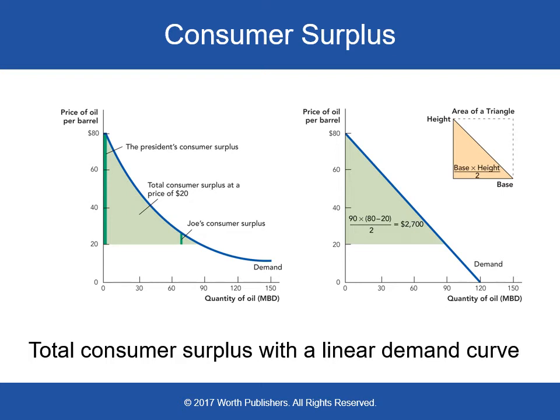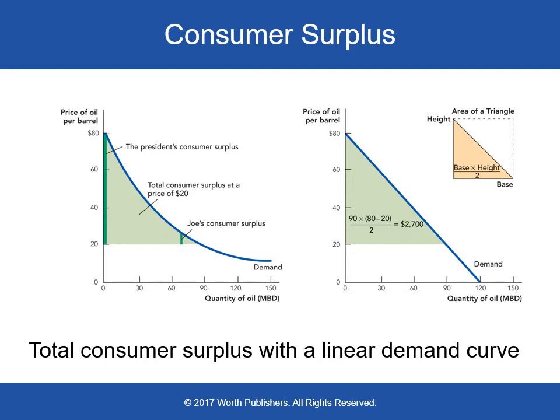Now, if we want to do some sort of mathematical exercise in calculating total consumer surplus, given the $80, you go over to the right-hand diagram and we make a drastic simplification. We assume that the demand curve is not curved down.